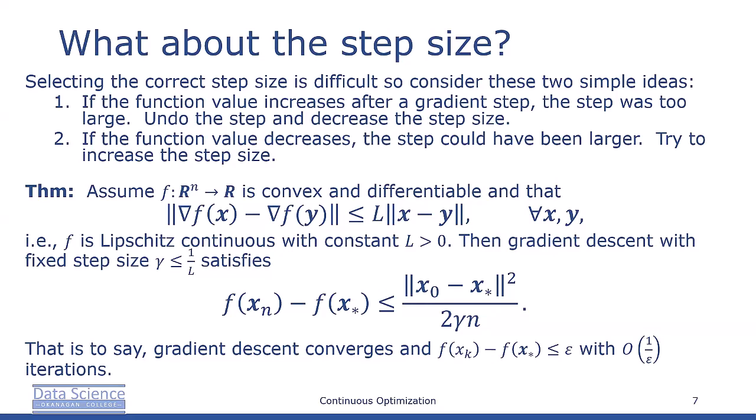That is to say that gradient descent converges and that f of x k minus f of x star is less than epsilon with order 1 over epsilon iterations.